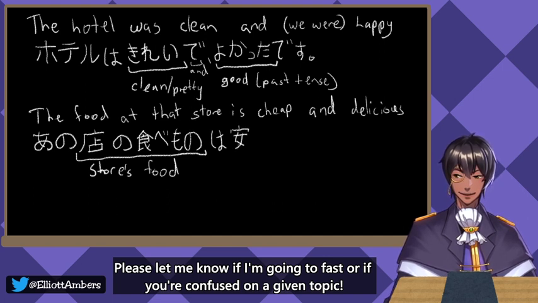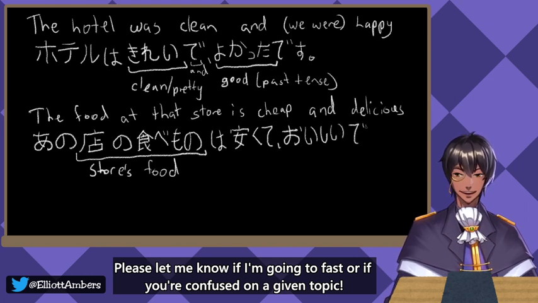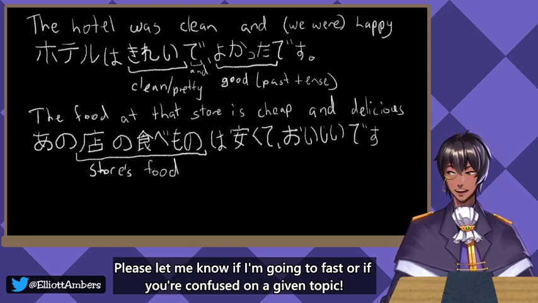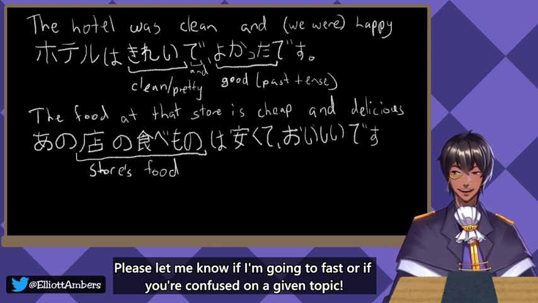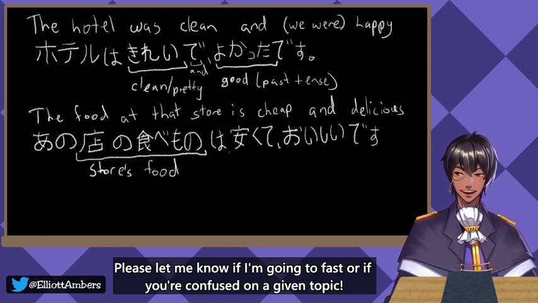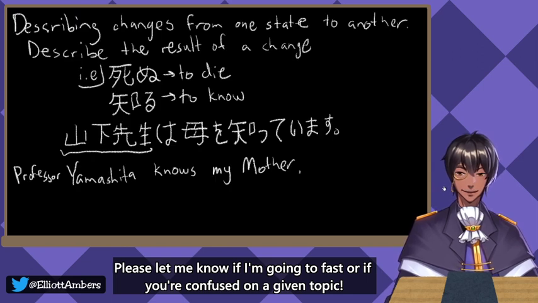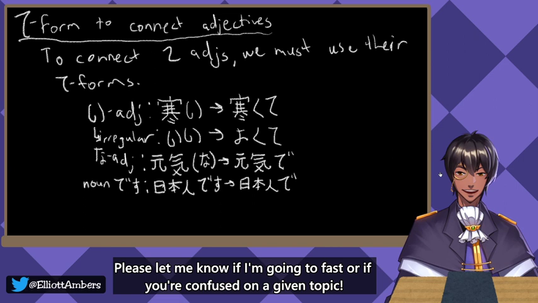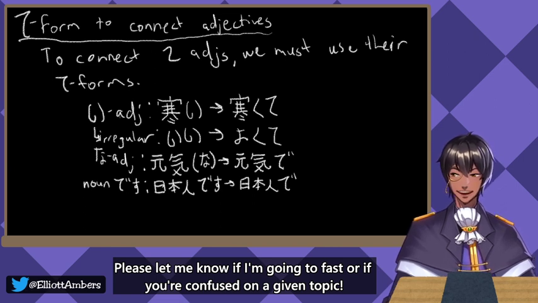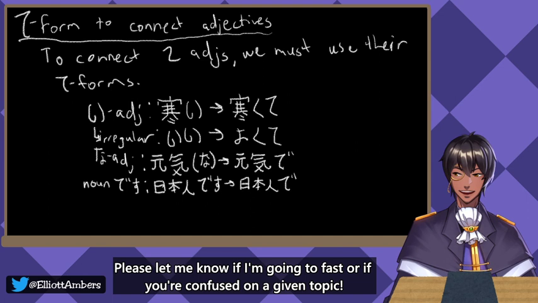and we get yasu. Yasukute oishii desu. So, 店の食べ物は安くて美味しいです。Like we said before, the i adjective samui turns into samukute.